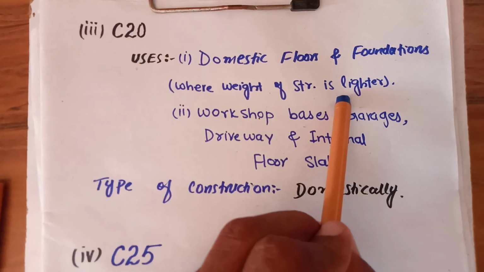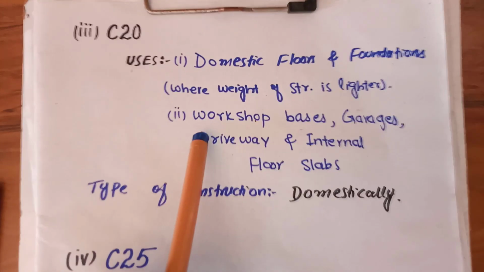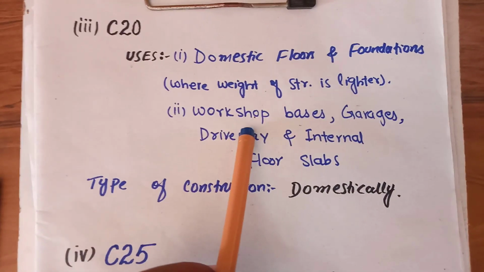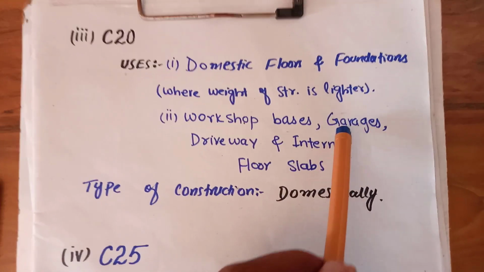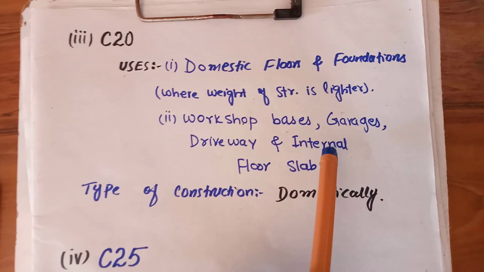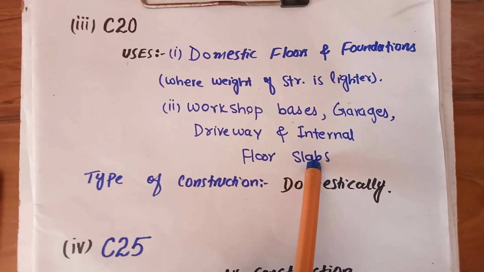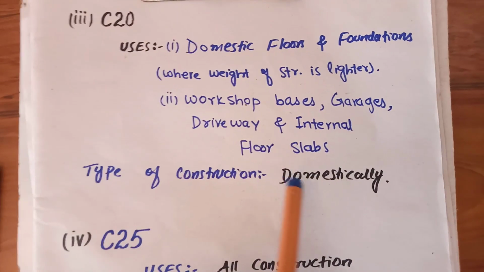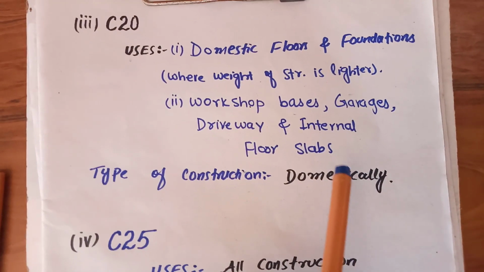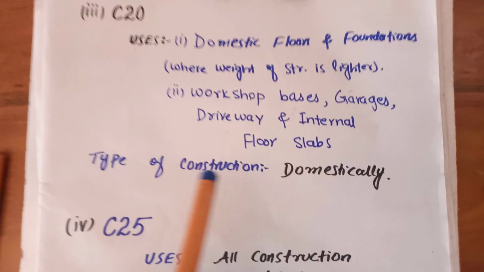Remember, the weight of the structure is lighter. Secondly, we can use them in workshop bases, garages, driveways, and internal floor slabs. C20 is only applicable to domestic work, not commercial work.